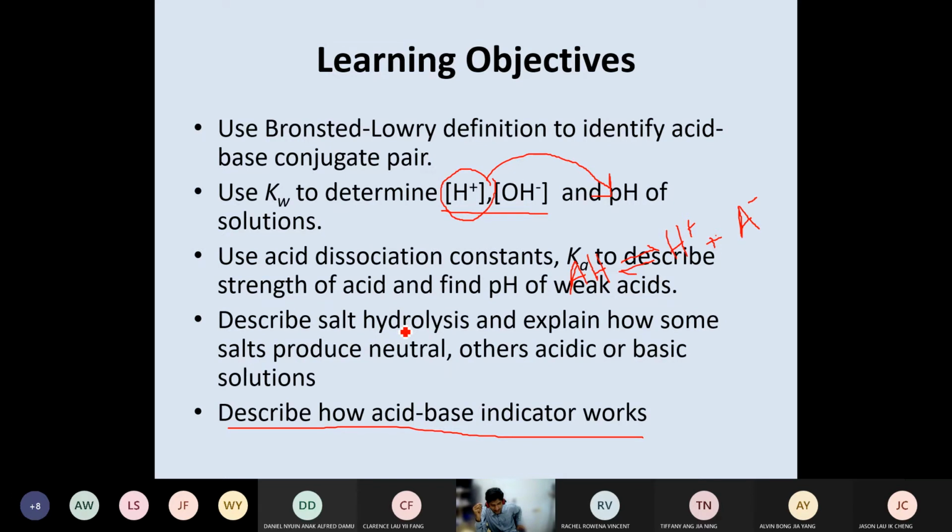And those indicators are actually a kind of chemical as well. It's a kind of acid, very weak acid, but an acid it is. We will learn what the indicator is, and where the color will appear, and some other interesting things about the indicators at the end.